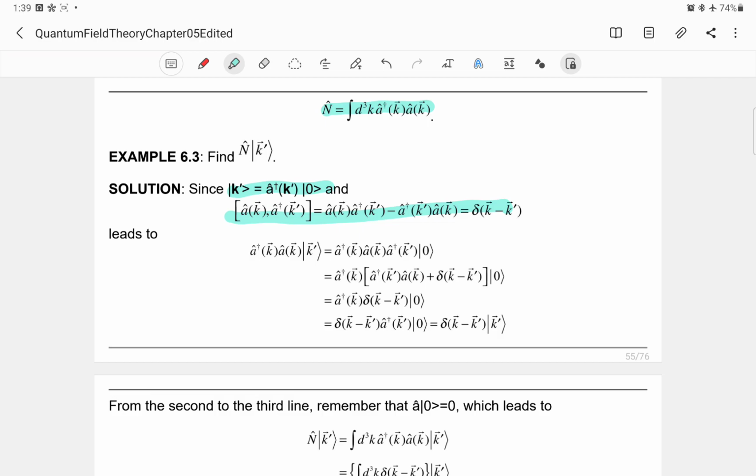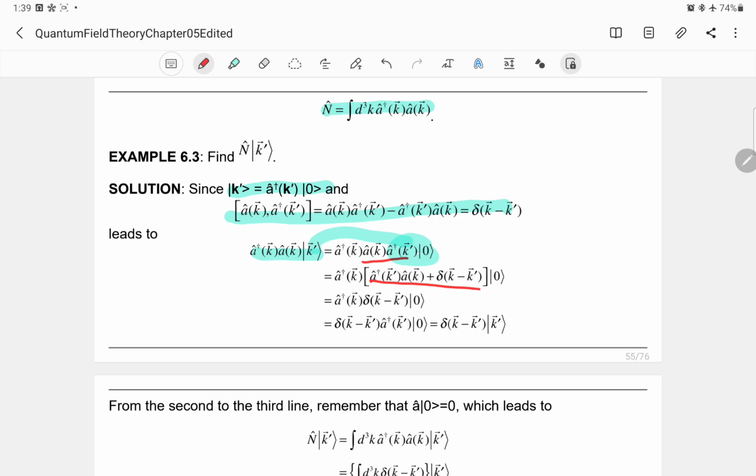So you can actually write k prime as this part here, and then using the commutation relation you can write this part as this one.